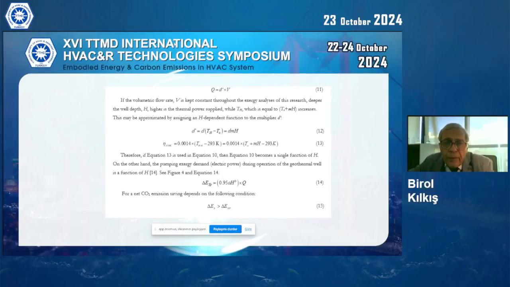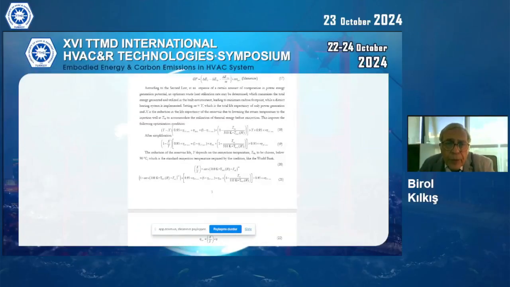And when we add all these up, we also get an optimization equation like 18: how much depth we should have, what is the temperature, what should be the efficiency of the organic Rankine cycle. And at the same time, we can also think about whether we should dedicate the geothermal well only to electricity production or partially to thermal power generation.